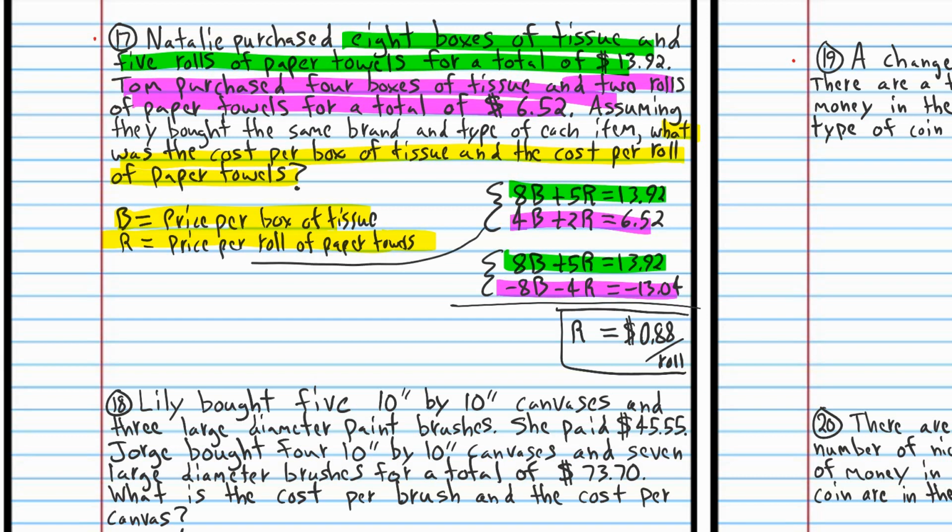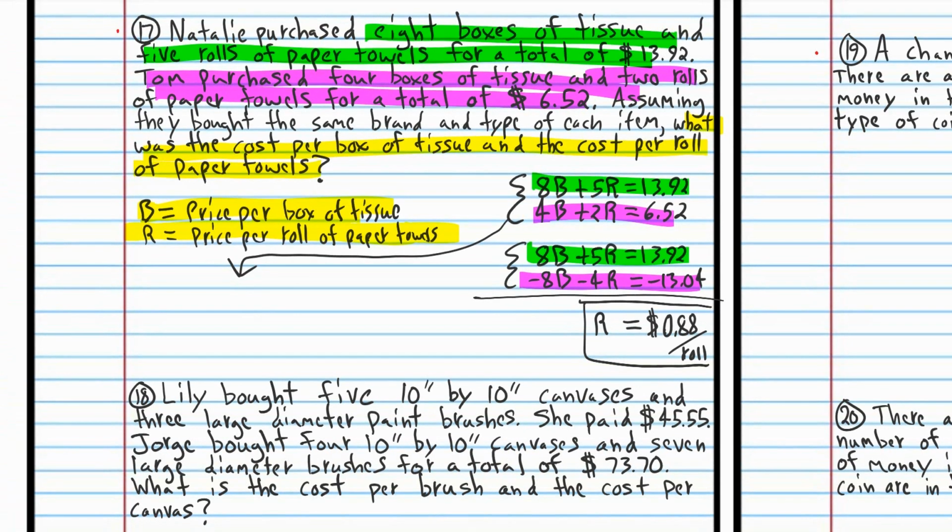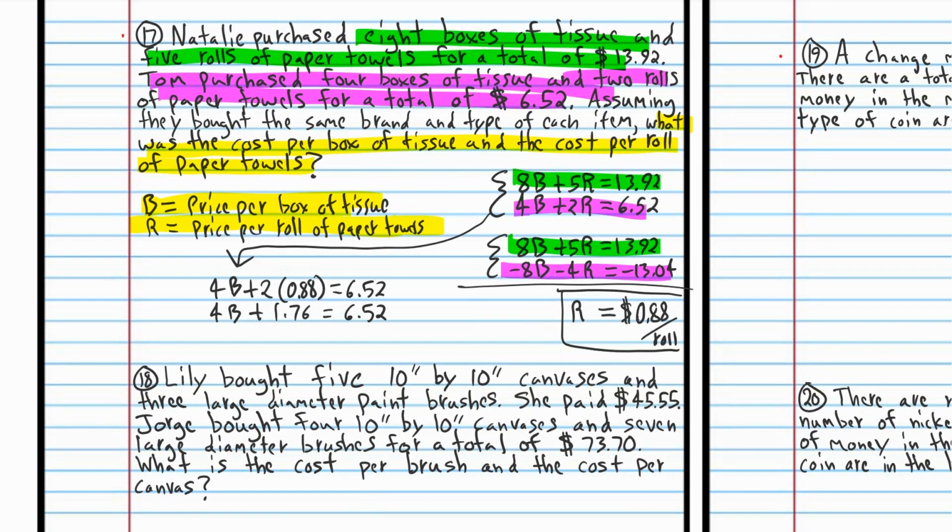And we can use either of these equations. Plug in R. And 2 times 0.88. That would be 1.76. Now we have a two-step equation, but it's just decimals.